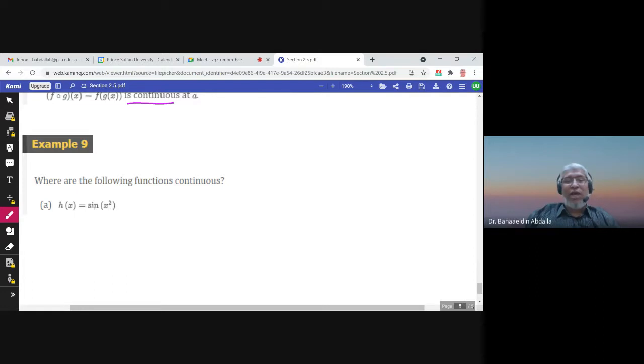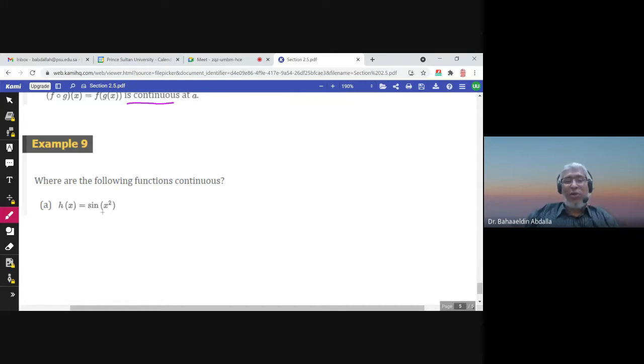What about sine of this function? The range of x squared would be from 0 to infinity. So sine of any number from 0 to infinity is defined, because the domain of sine is from negative infinity to infinity.